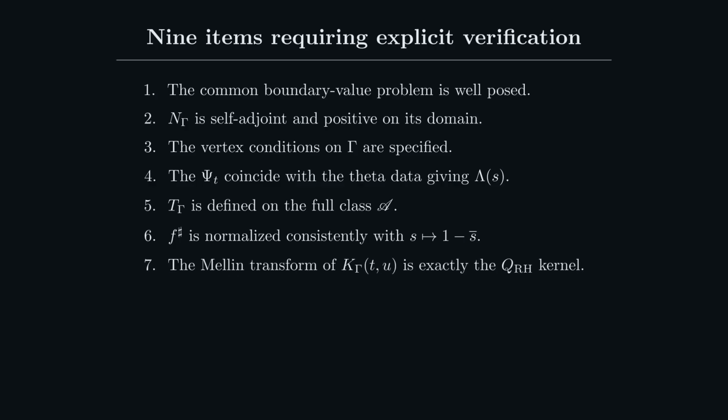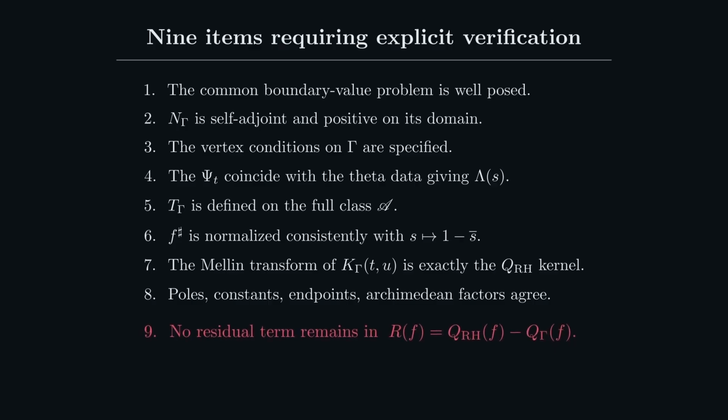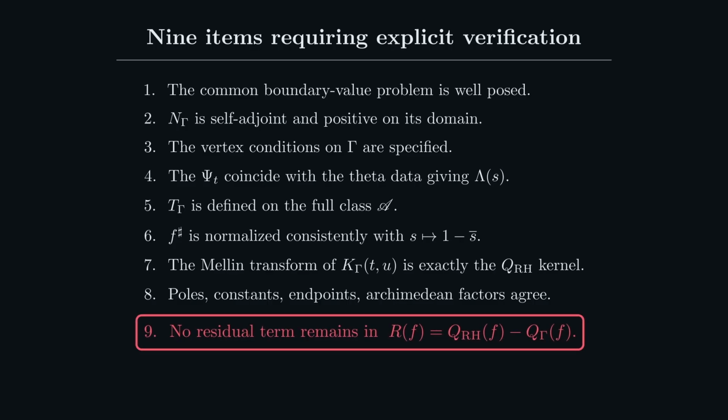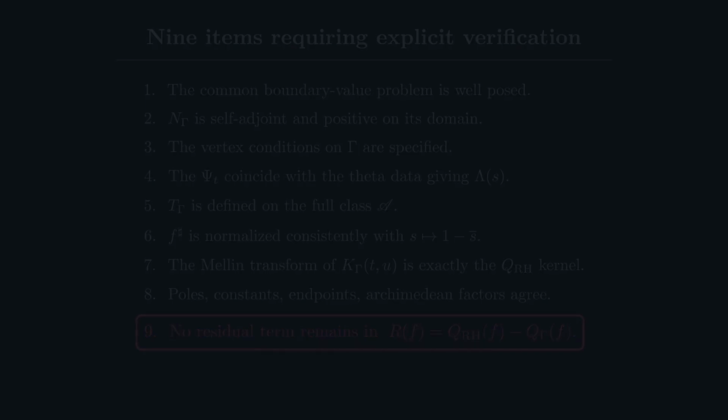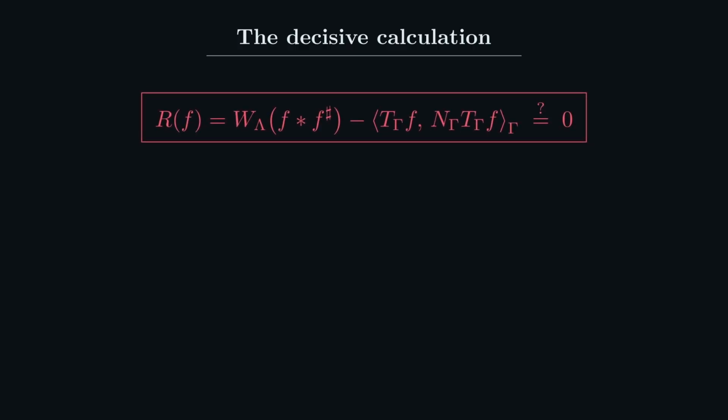Five, T sub gamma is defined on the full admissible class, and so on. There are a couple more. But importantly, no residual term remains in Q_RH minus Q gamma, so that difference has got to vanish. So yeah, basically the decisive calculation right there.